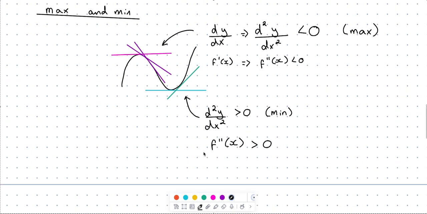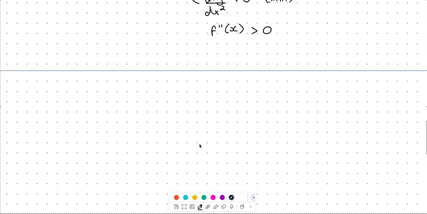So what we actually need to do is get the second derivative. Remember the function itself was f of x equals x cubed minus 3x plus 1. The first derivative we got earlier on: multiply down by the power, take 1 off the power.